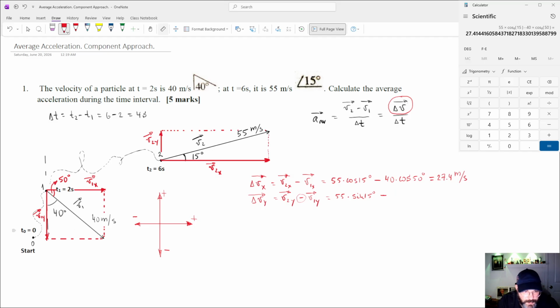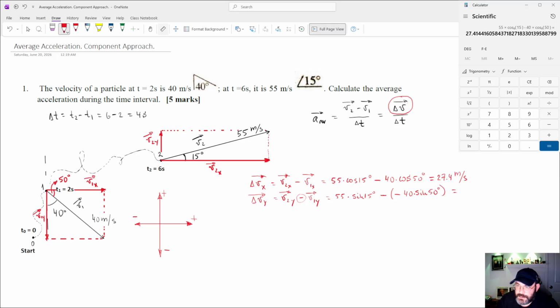And then v1y is pointing down, so it goes with minus. That's another minus here, and this is 40 multiplied by sine of 50 degrees.